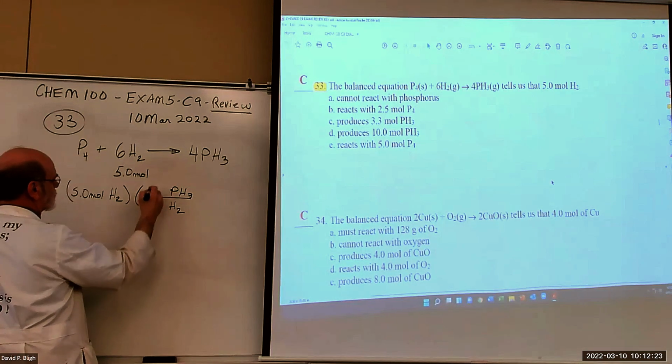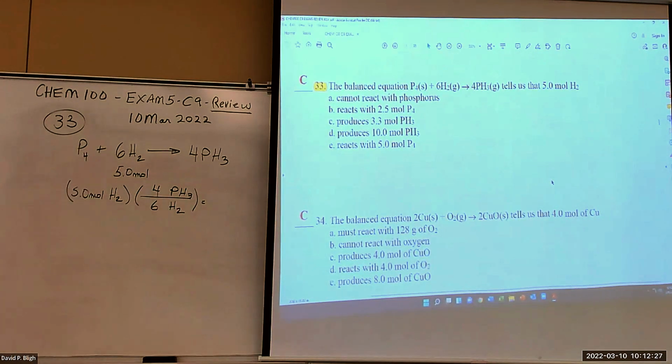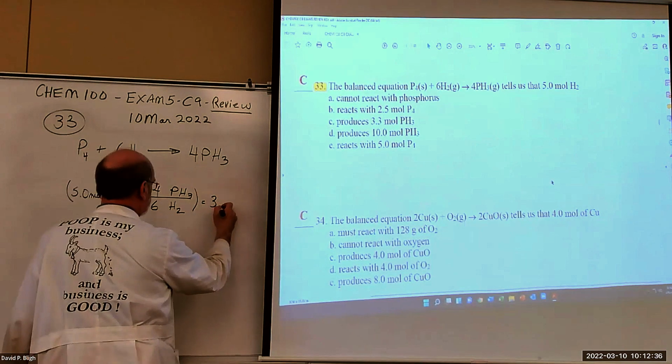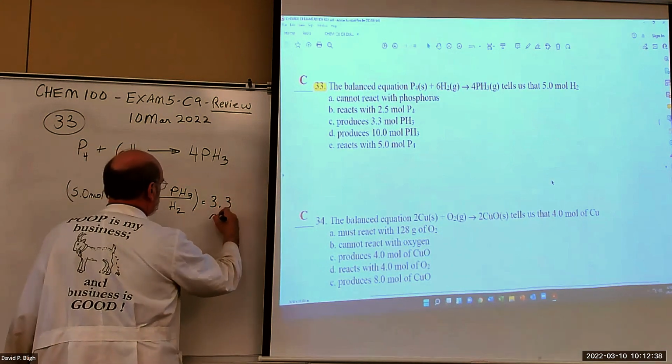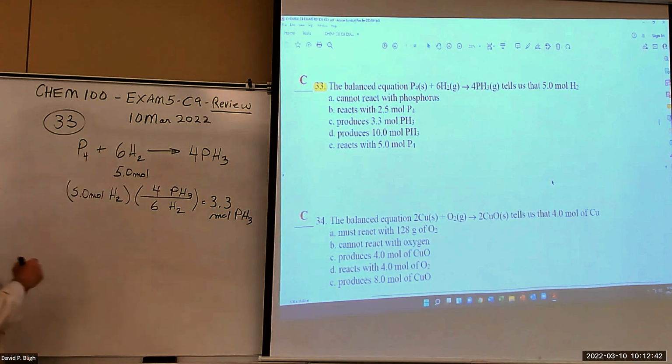Right, we have 6 here, 4 there. So 2/3 of 5. I get 3.33. Well, 3.3 moles of PH3. Oh, there it is. Since there's no, we found the answer.